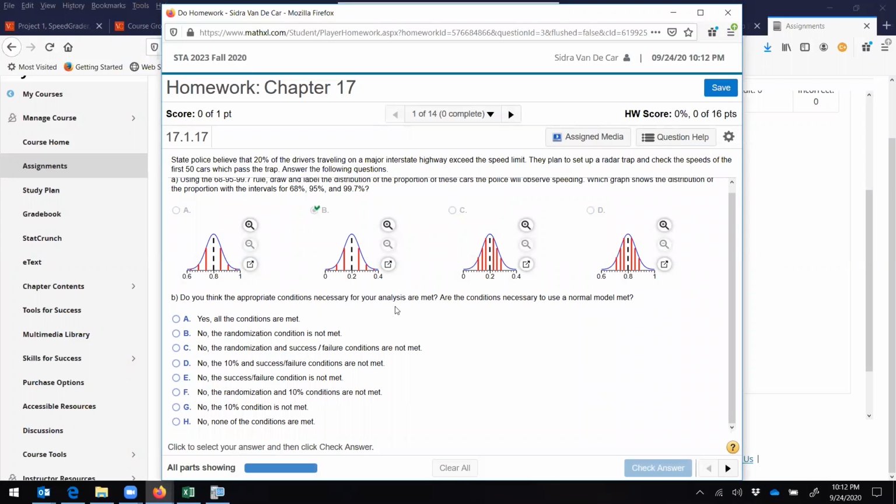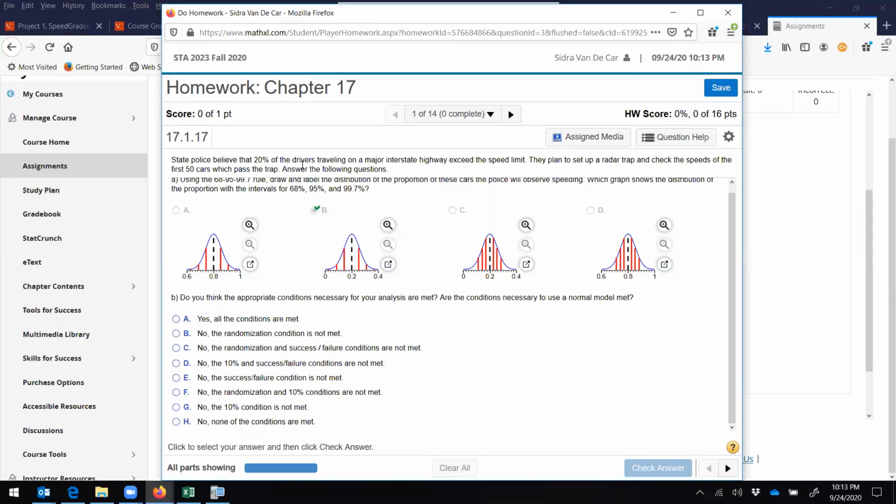Do you think the appropriate conditions necessary for your analysis are met? Are the conditions necessary to use a normal model met? All right, well, let's look at it. In order to use a normal model to model these proportions, we need to make sure that we have randomization.